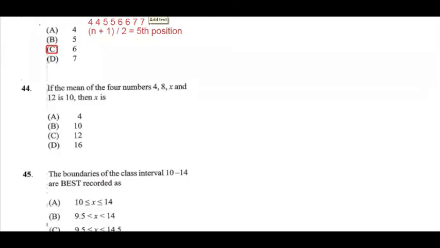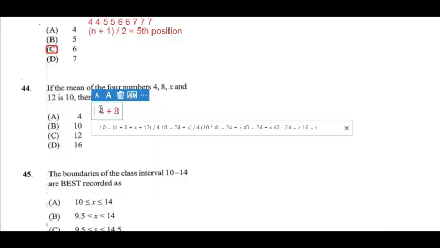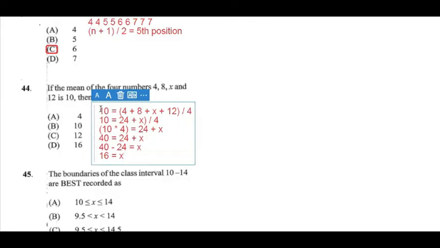So 44, if the mean of the 4 numbers 4, 8, x and 12 is 10, then x is... So it is 4 plus 8 plus x plus 12, and all of that is divided by 4, with the mean being 10. So we're solving for x. So 10 is equal to 24, so 4 plus 8 plus 12 is 24, and that is added to x, and all of that is divided by 4, and we're now finding what x is.